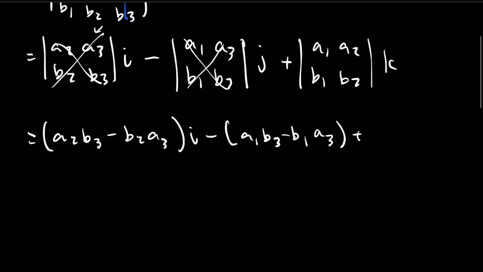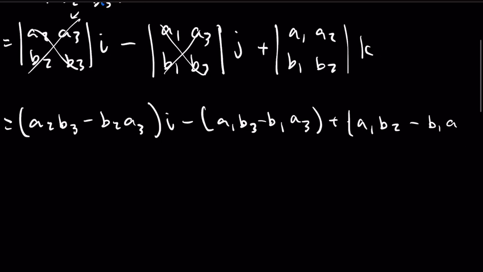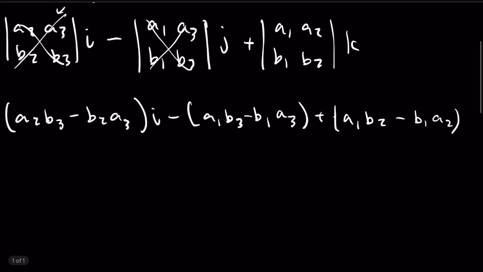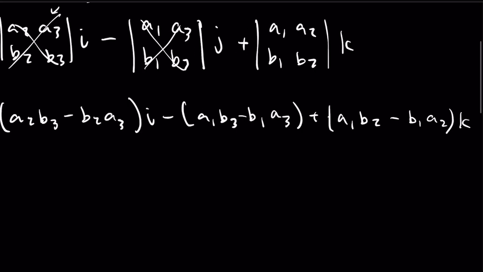And then finally we do the same thing for here, and we'll get a1 b2 minus b1 a2. And don't forget the k and the j here.